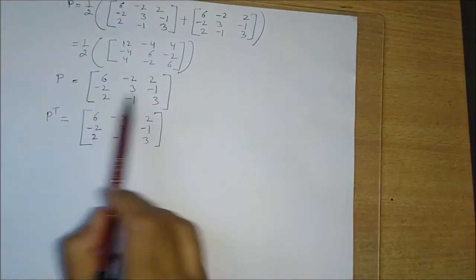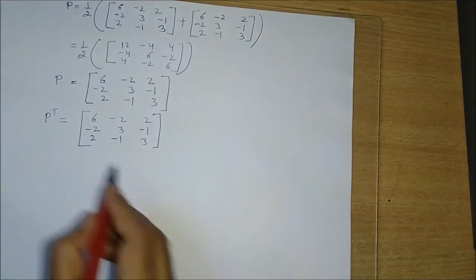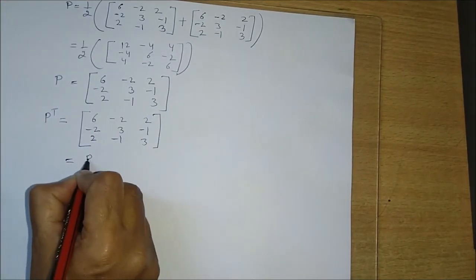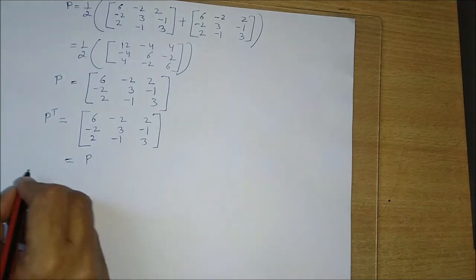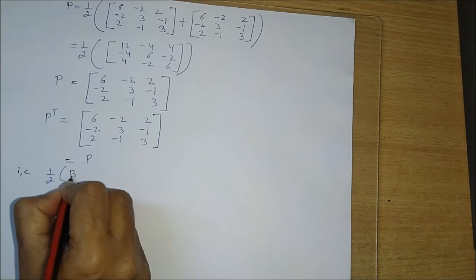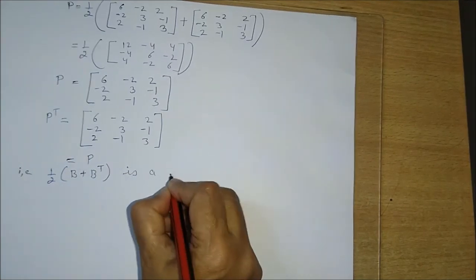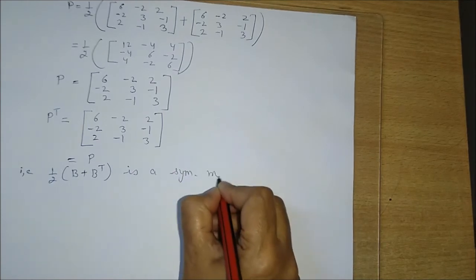Either we can change row into column or column into row. We get transpose of the given matrix, which comes out to be P only. That means half of B plus B transpose is a symmetric matrix.